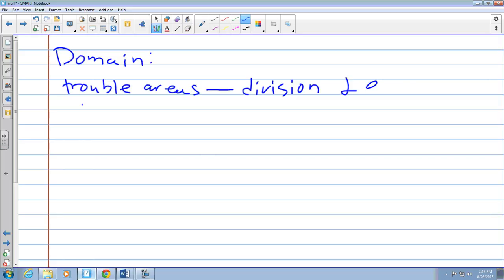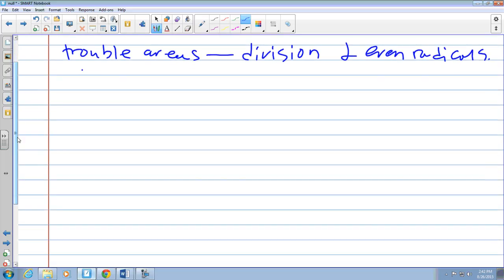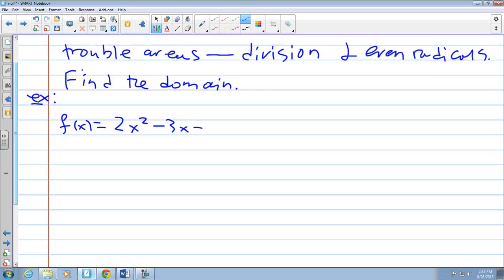So trouble areas for now: division and even radicals. So for example, all I'm asking is to find the domain, and let's say here's a function, and we'll take our favorite function right now.